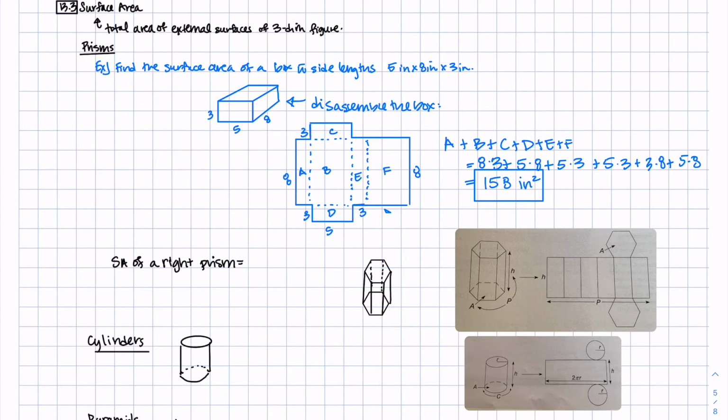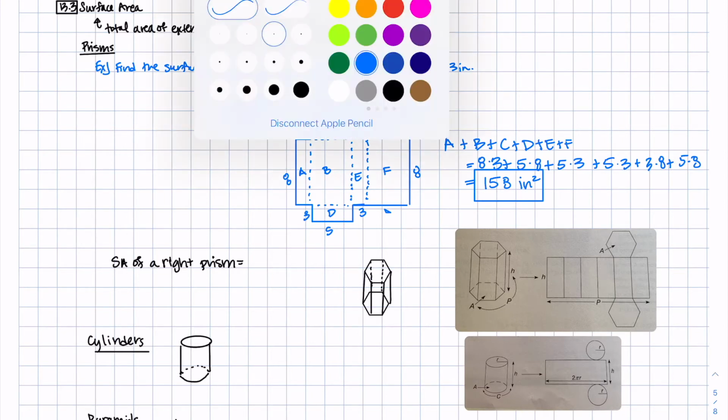So for a general prism, if I don't have a rectangle at the top, but maybe I have a hexagon or a 6-sided figure, as opposed to a 4-sided figure, what I want to do is find the area of that region.